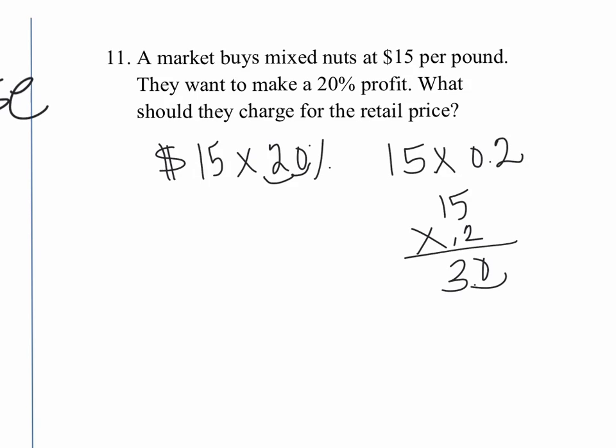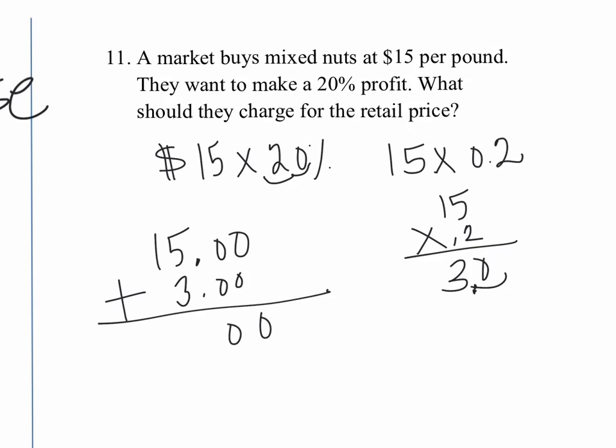Bring it over 1. So the markup for the mixed nuts would be $3. So if they paid $15 for the mixed nuts per pound, and they marked them up $3 per pound, the question said, what should they charge for retail price? That is correct, $18.